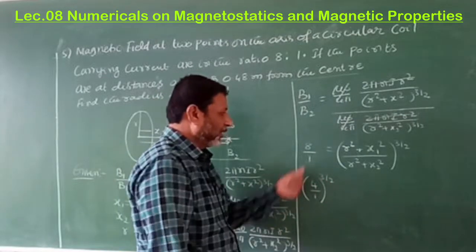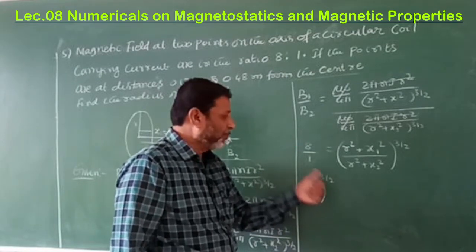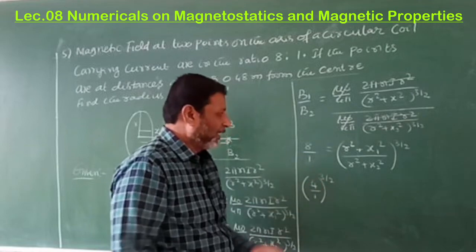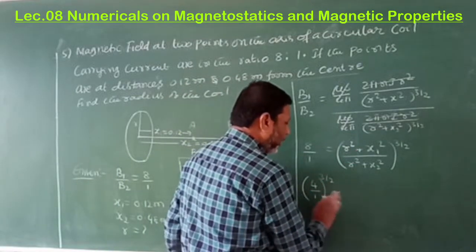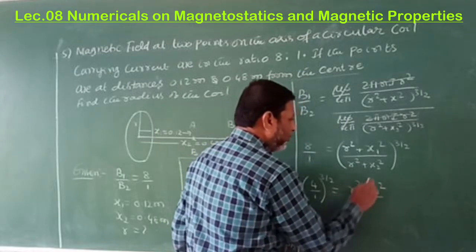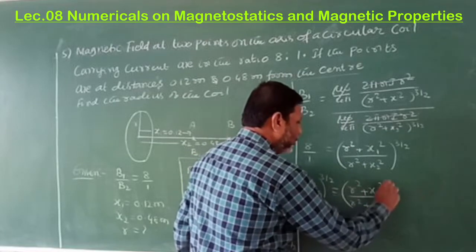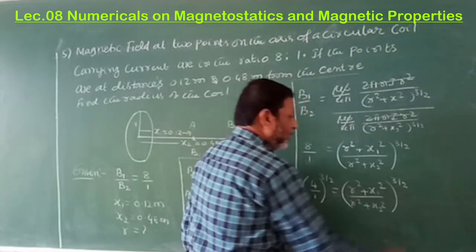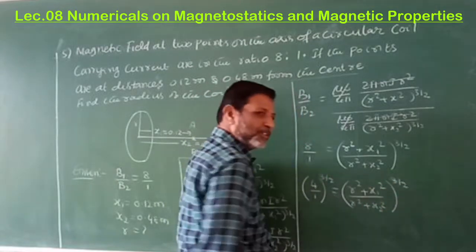So if I write 8 by 1 in the form of power 3 by 2, you get 4 by 1. Now this is equal to r square plus x1 square divided by r square plus x2 square, raised to 3 by 2. Now on both sides the power is the same, so you can cancel it.